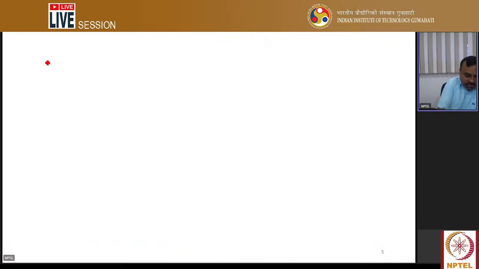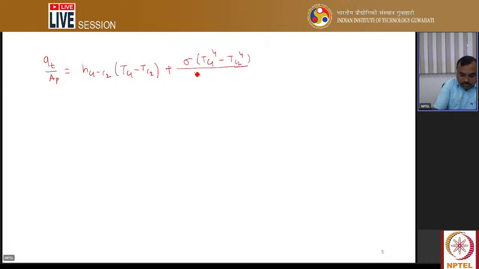So it will be something like QT by AP, which is equal to HC1 to C2 (TC1 minus TC2) plus sigma (TC1 to the power of 4 minus TC2 to the power of 4) divided by an expression in which the emissivity is for glass cover 1 and for glass cover 2, minus 1.